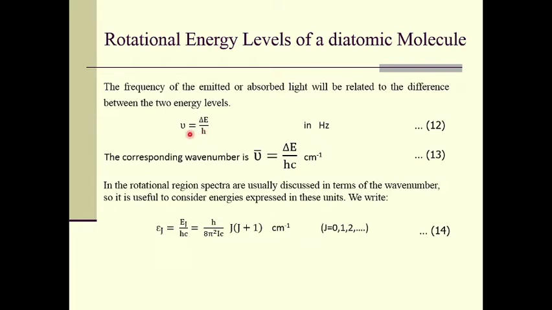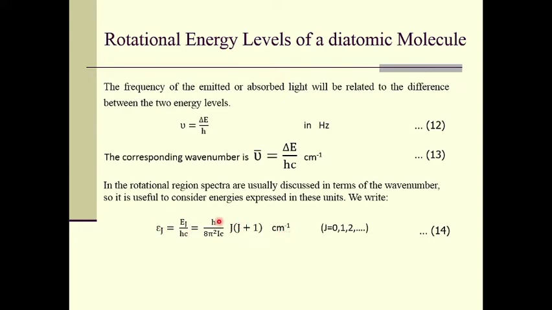Because in the case of frequency we have delta E upon h, so when we want to convert frequency into per centimeter unit, we just need to divide it by c, but in the case of energy we need to divide it by hc, right? So this energy is in joules, and when we divide by hc, it will be converted into per centimeter unit, right?